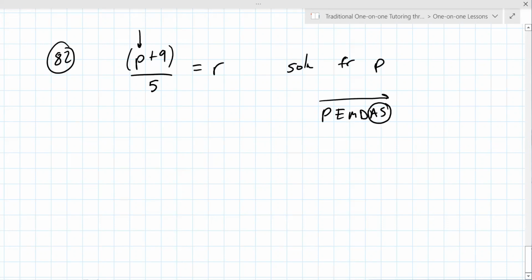You undo addition, subtraction, multiplication, division, and then parentheses. So even though division is after addition, because it's in parentheses, you do the division first. You undo this by multiplying both sides by 5.